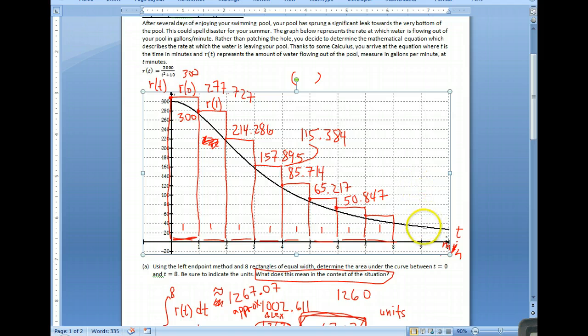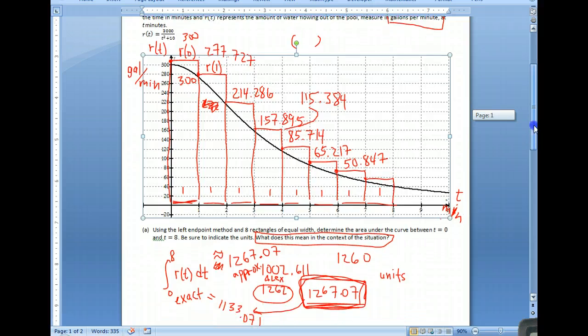So the t value is in minutes. What is R of t? It's gallons per minute. It says up here, it represents the amount flowing out of the water measured in gallons per minute. So this is a rate, and this is time.